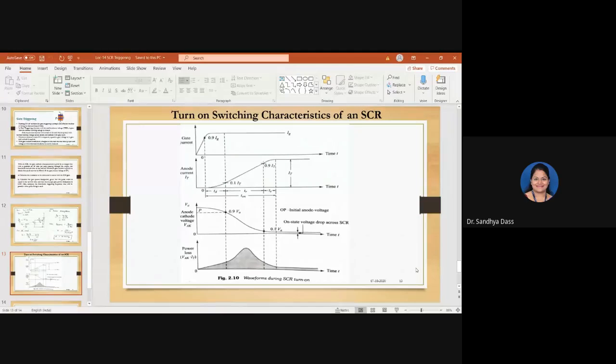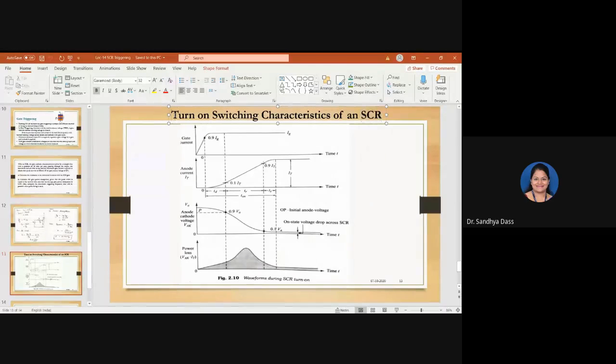Okay, let me go do it. See here, when we are talking about turn on switching characteristics, if you recall what we had in our previous discussions, switching characteristics means we are trying to know how the device behaves when it is switching from turn off to turn on condition or turn on to turn off condition.